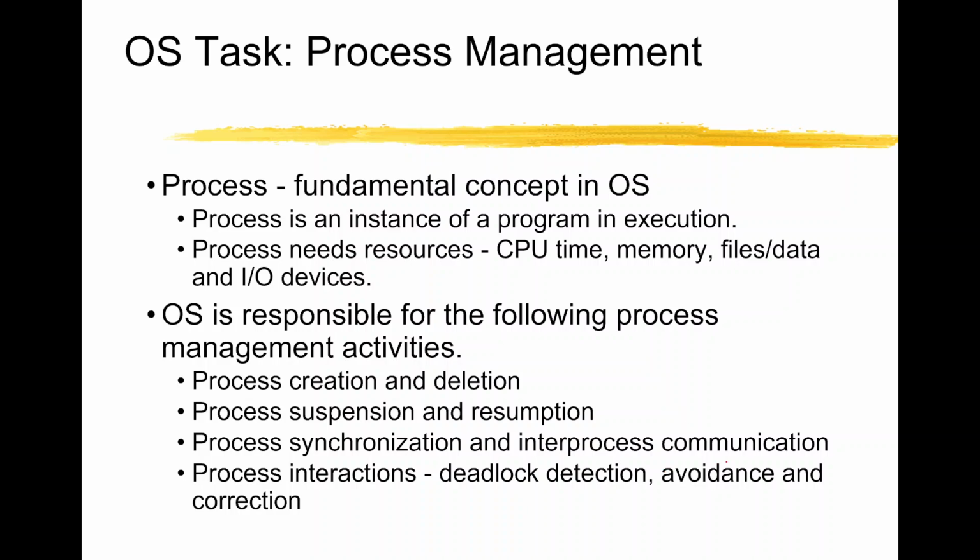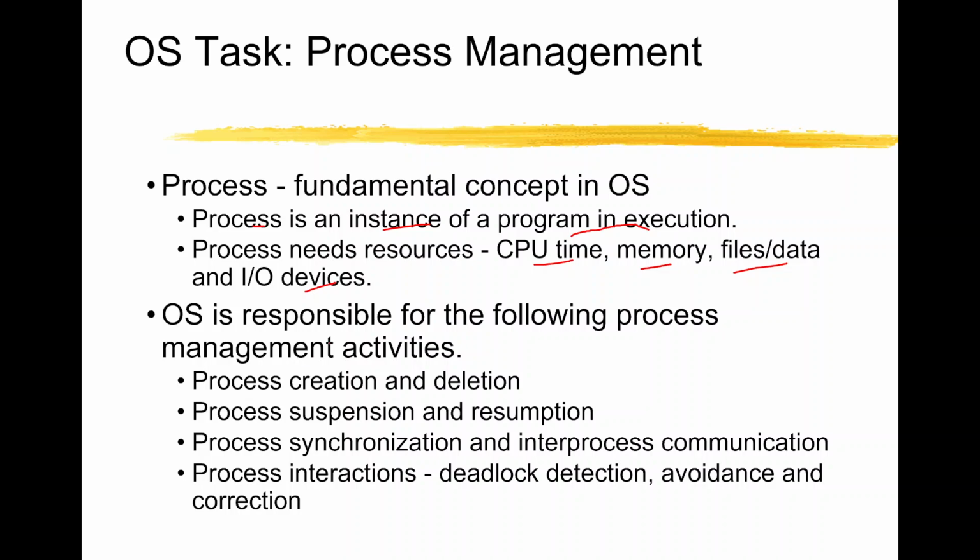A process is an instance of a program in execution. So when a program is in execution, we call it a process. A process needs resources. You need CPU time, memory, files, data, and I/O devices.